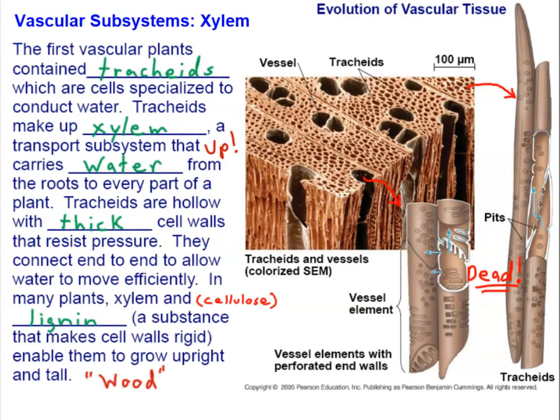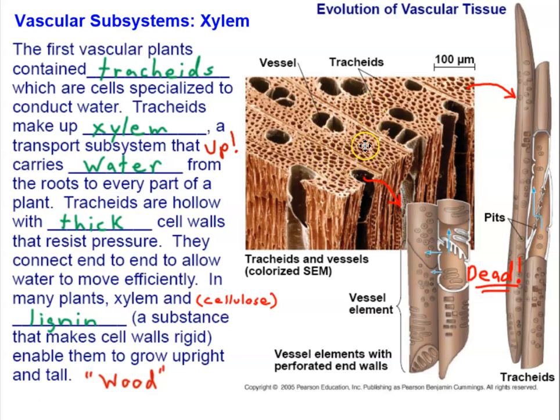So vascular plants have two types of vascular tissue, and we can refer to those as subsystems because they really perform two separate functions. Xylem is one of them, and that's what we're seeing here. This is a microscopic view, a scanning electron microscopic view of the xylem tissue in a vascular plant.